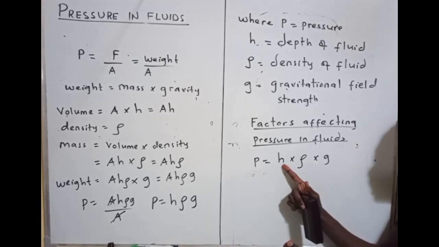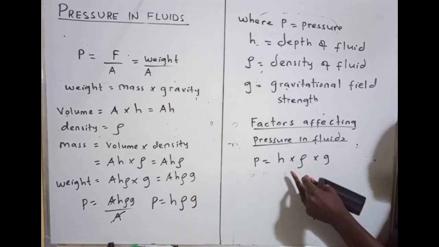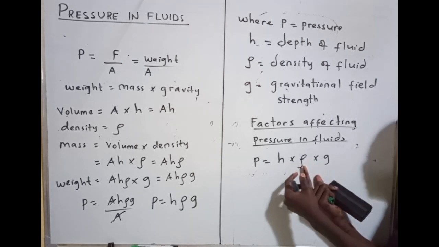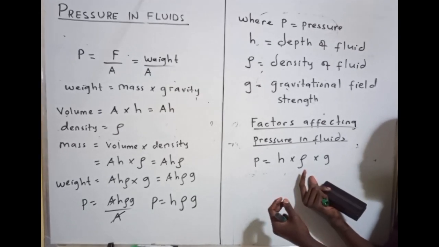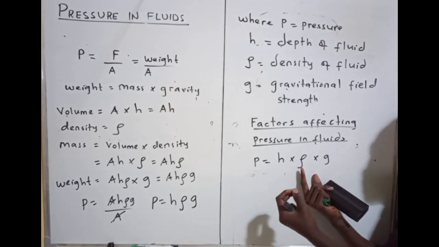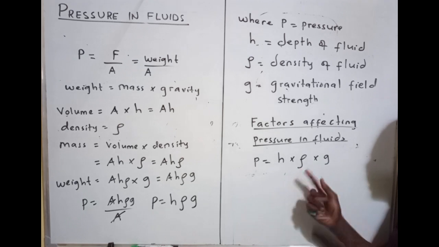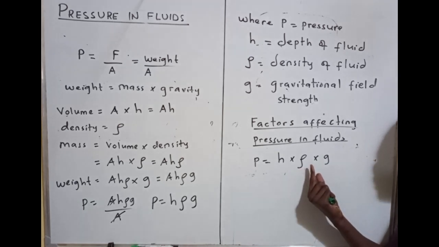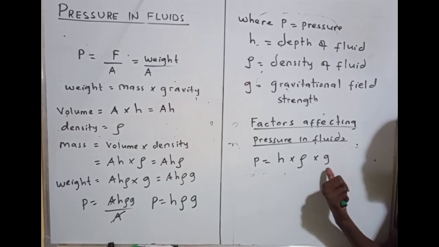Then we have the density. The second factor is the density. The higher the density, when the density of the fluid is bigger, the pressure is also going to be bigger. When the density of the fluid is small, the pressure exerted by the fluid is also small. Then the last factor is the gravitational field strength of that given area.